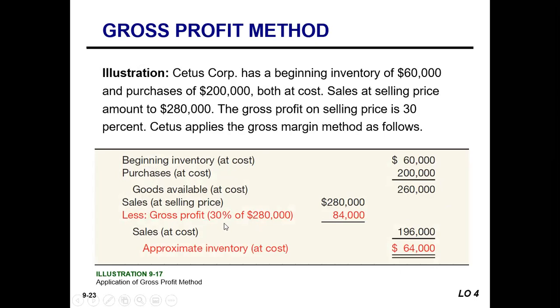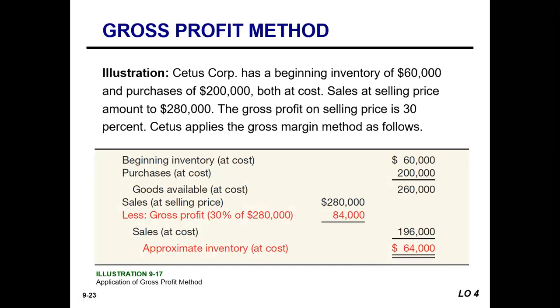Gross profit, 30%. So we take that 30% of 280,000, which equals 84. So we're taking 280 minus 84, gives us our sales at cost, right? That's the selling price less that gross profit percentage. And then that gives us the approximate inventory at cost.